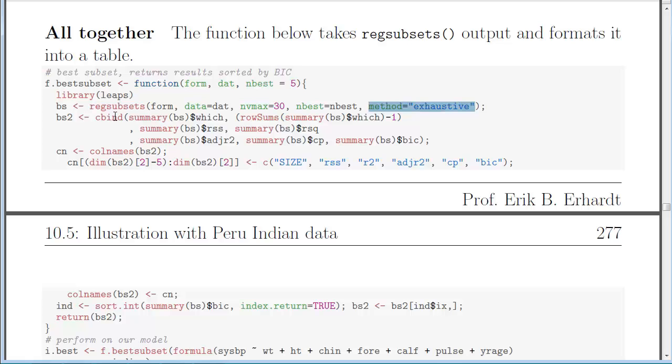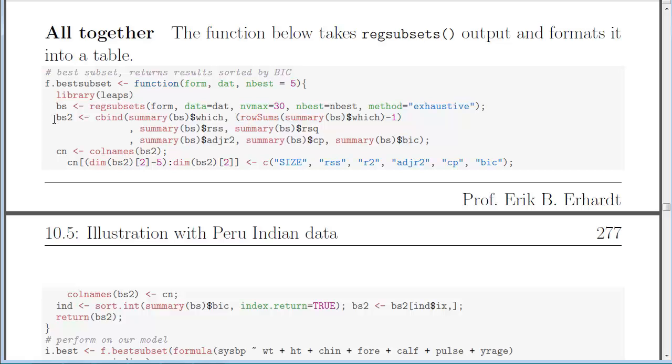and then we're going to bind as columns all the possible output. So we're going to have which variables are included in the model, how many variables are in the model, what the residual sums of squares is, and then some of the criteria that we looked at: R squared, adjusted R squared, Mallows' CP, as well as the BIC statistic.